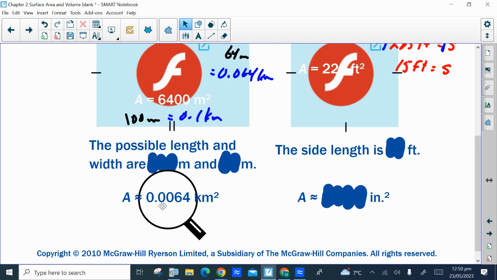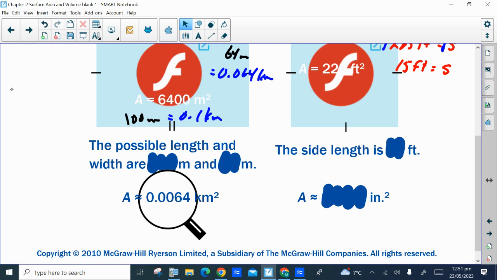The answer should be 0.0064, which is what we got if we took each of the dimensions and converted them into kilometers first and then multiplied them. So here's the thing. If you want to go from meters to kilometers, yes, you divide by 1,000. But if you want to go from meters squared to kilometers squared, you actually have to divide by 1,000 squared because area is unit squared.